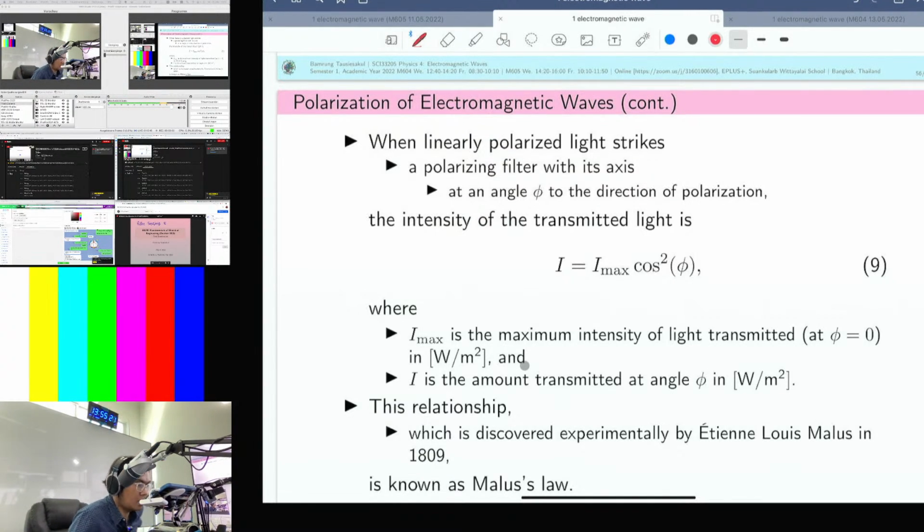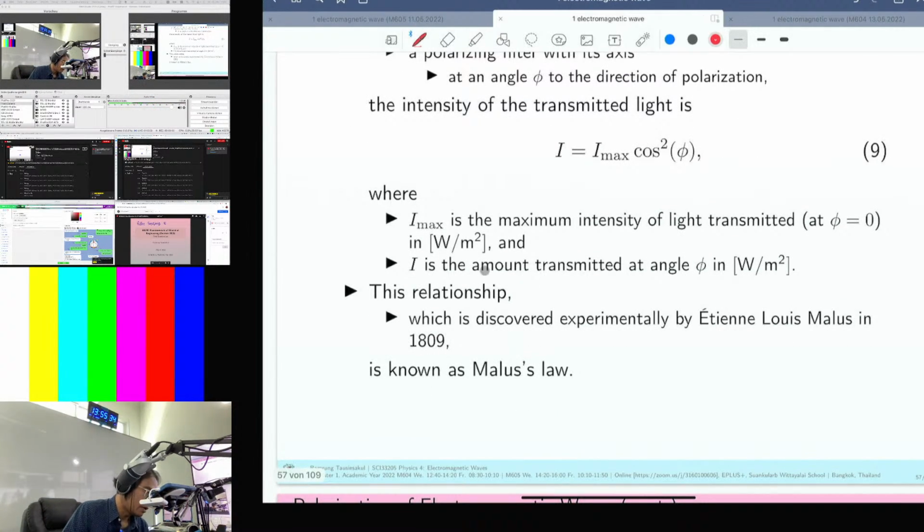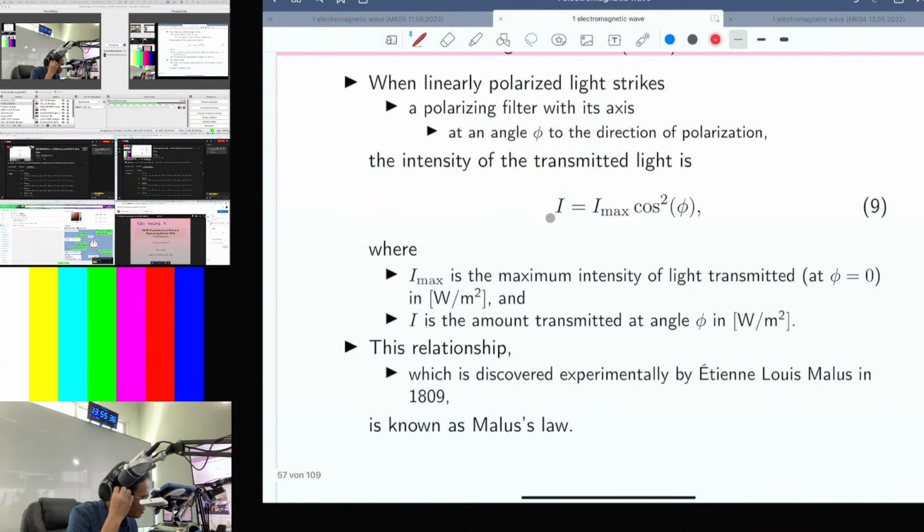I is not the current; I is the amount of light transmitted at angle phi. This I is not electric current, it is intensity in physics. This relation is known as Malus's Law.